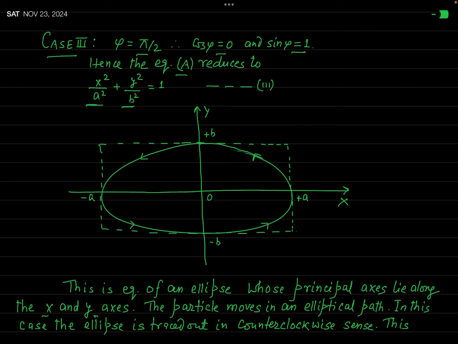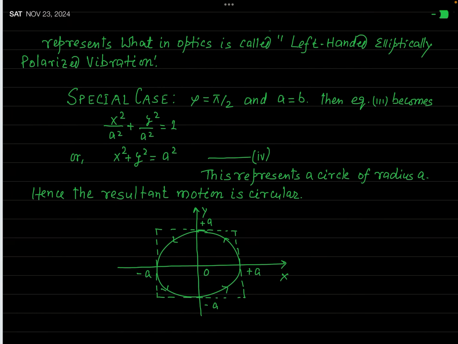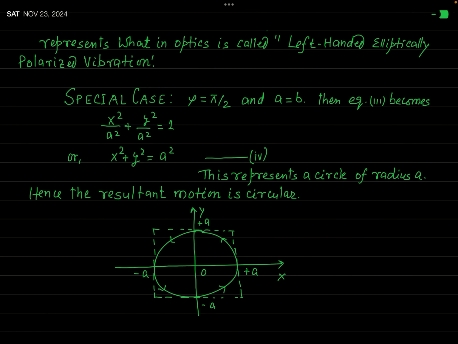In this case, the ellipse is traced out in counterclockwise sense, and this is just equivalent to what is called in optics left-handed elliptically polarized vibration. Instead of counterclockwise sense, you can say left-handed elliptically polarized vibration.